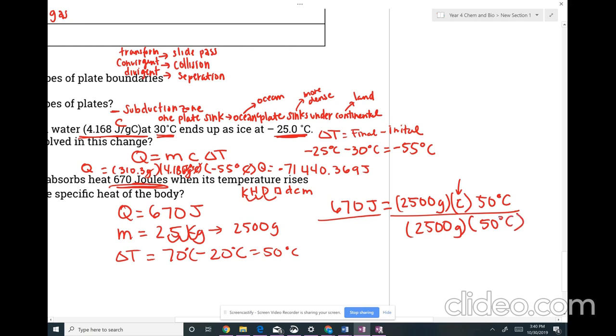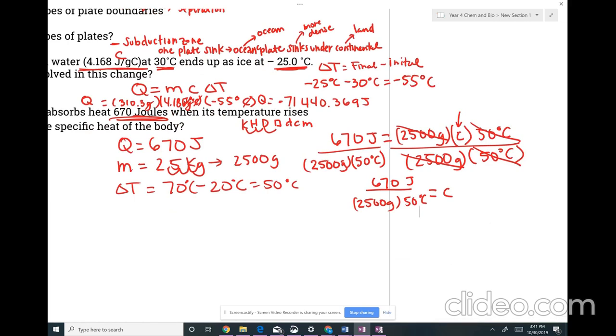So I put this over here, and I see that this cancels, that cancels, and I'm left with C, so 670 joules over 2,500 grams times 50 degrees Celsius. I do that math real quickly: 2,500 times 50.